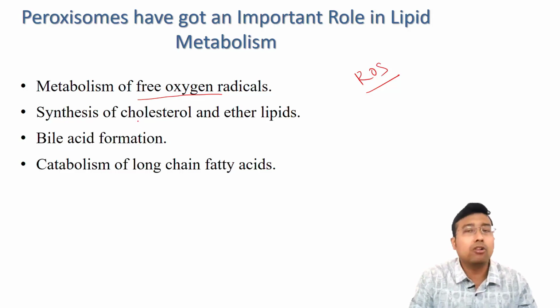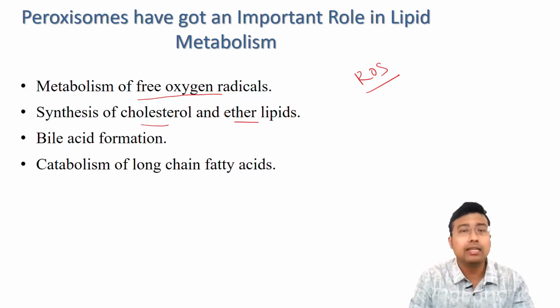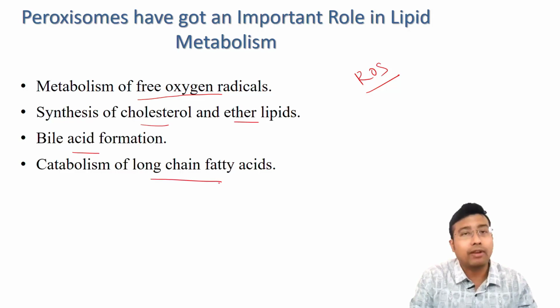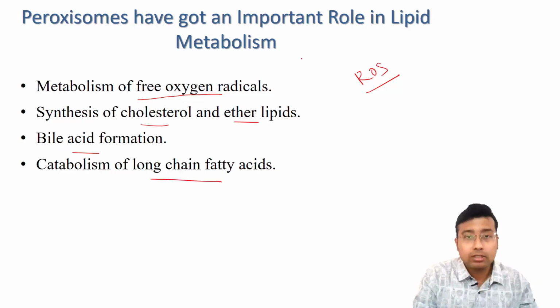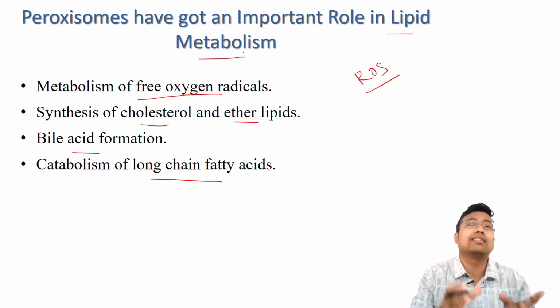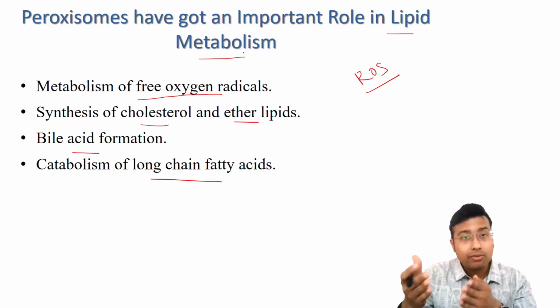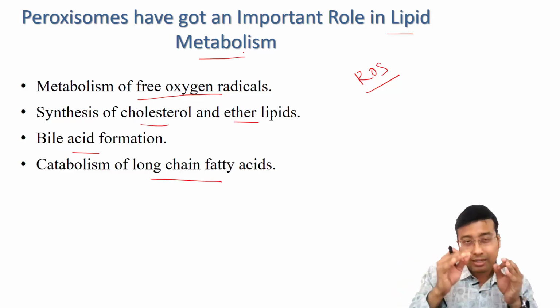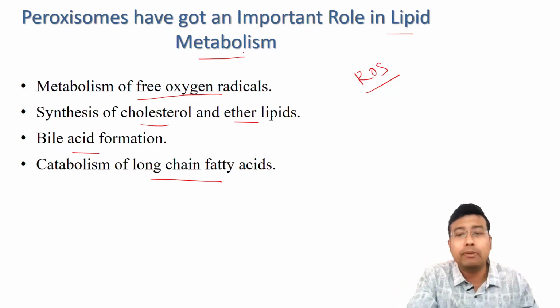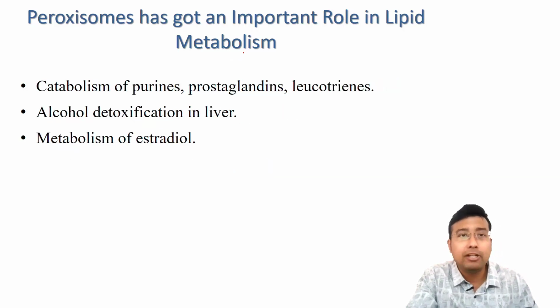Apart from them, they also help in synthesis of cholesterol and lipids. They play a role in bile acid formation and catabolism of long chain fatty acids. So overall, peroxisomes play a major role in lipid metabolism. Of course, we will be discussing various chapters of lipid metabolism in detail, and then we'll always get back to peroxisome, but as an overview, you should know peroxisome play an important part in lipid metabolism.